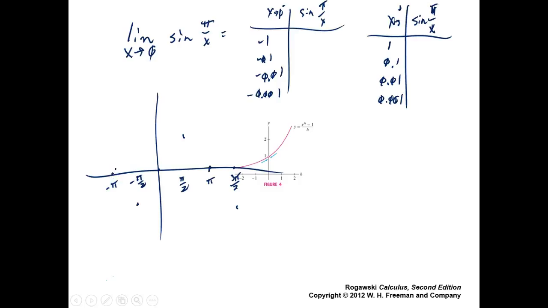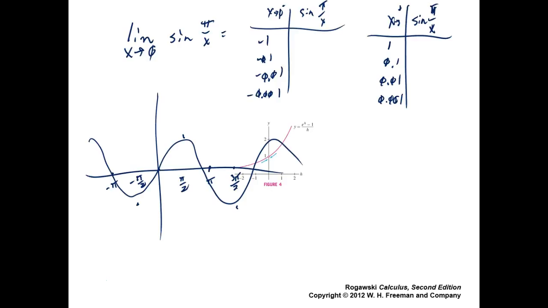It just keeps the same pattern going, right? At the half pies, it's at your max or your min. At the pies, it's zeros. Minus pi is 0. Plus pi is 0. Any pi is 0. 7 pi is 0. 45 pi is 0.